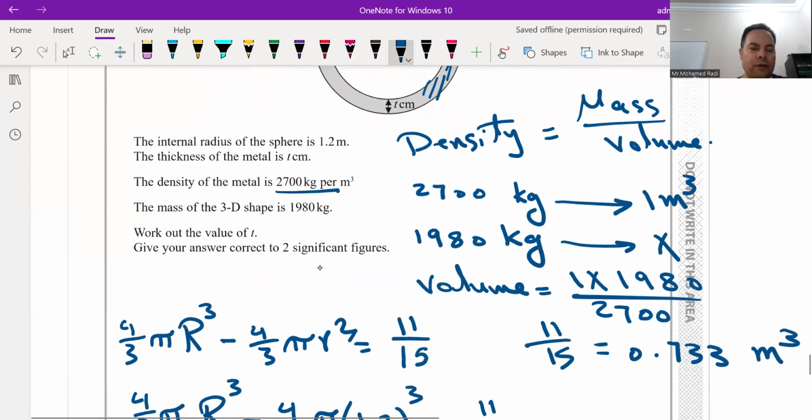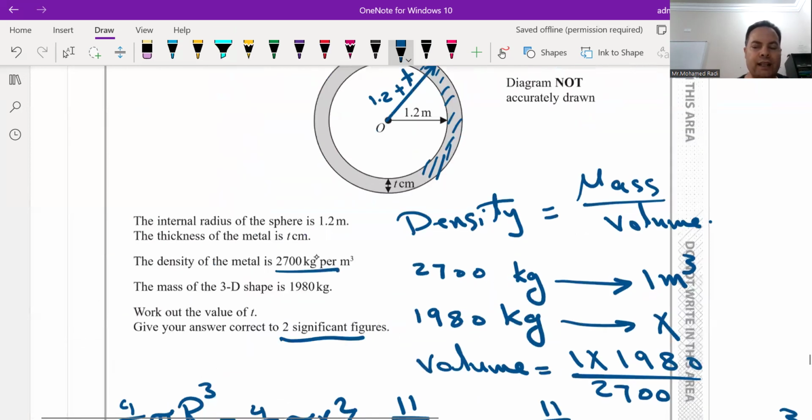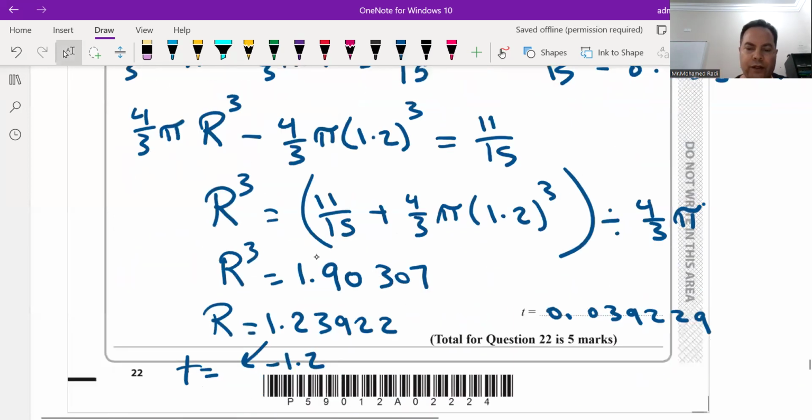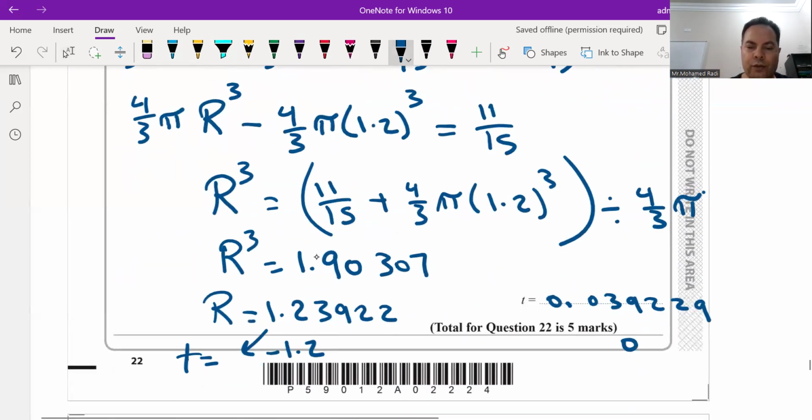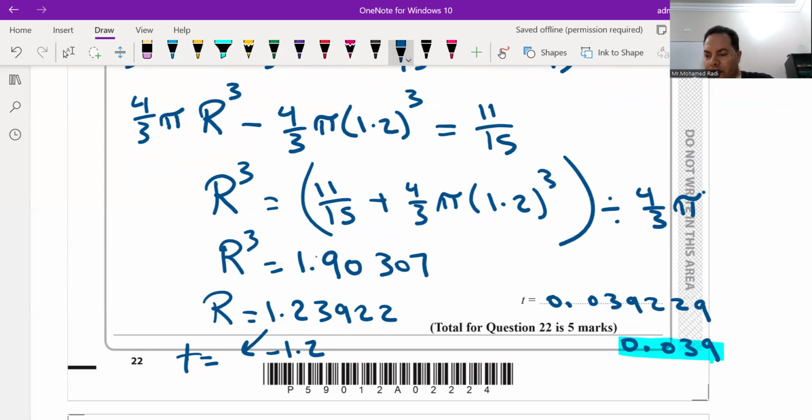He asked to round it to 2 significant figures, so corrected to 2 significant figures it will be 0.039, because the 0 is not significant. So the final answer will be 0.039.